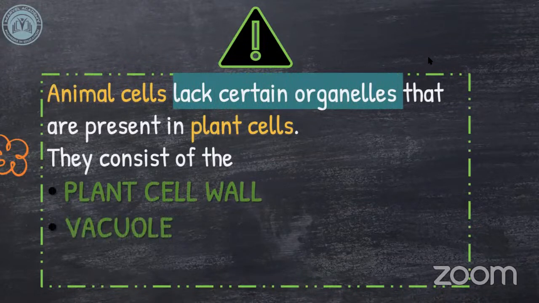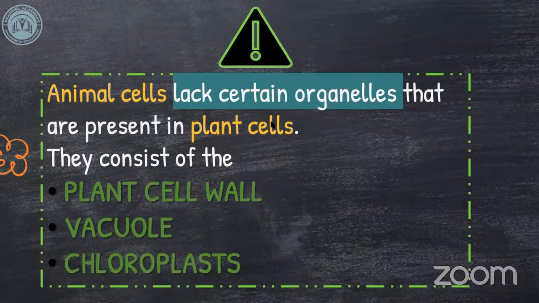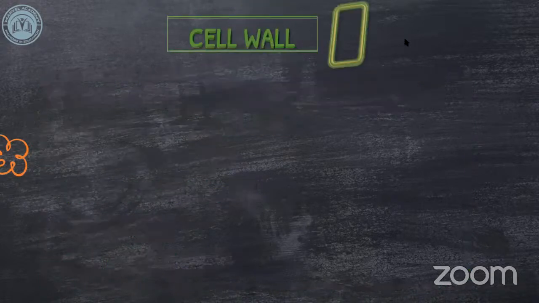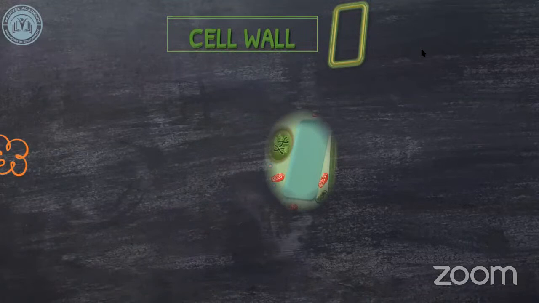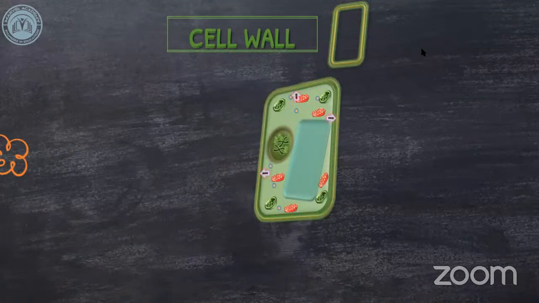Okay, so animal cells lack certain organelles that are present in the plant cell. They contain a cell wall, vacuole, and chloroplast. So now let's look into that a little bit. Talking about the cell wall, children, any animal cell will never have a cell wall.